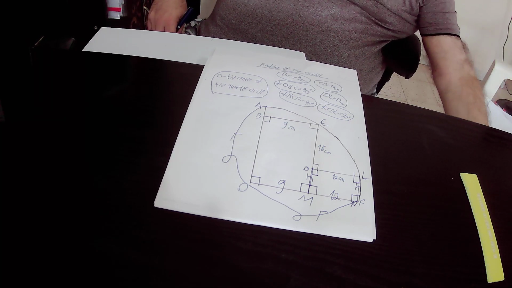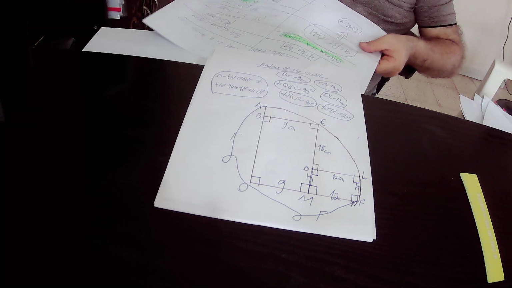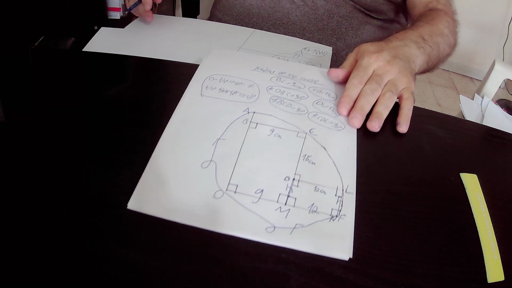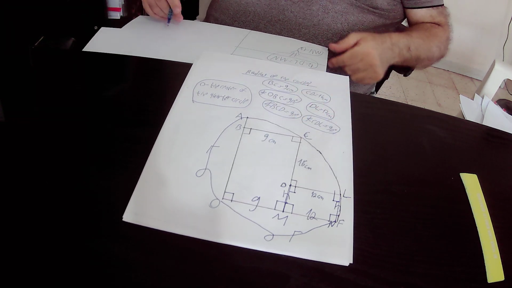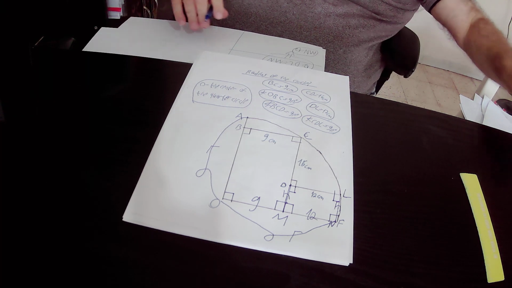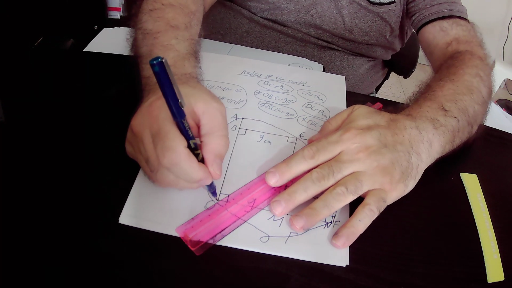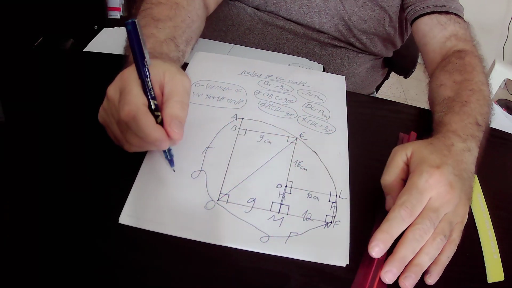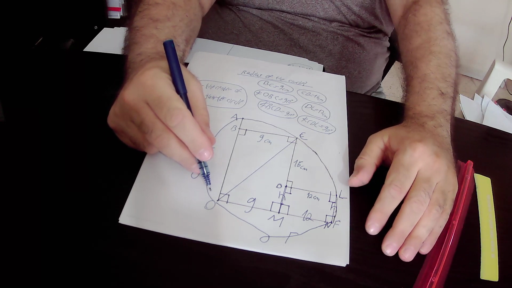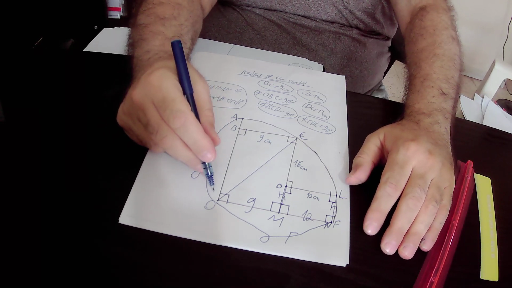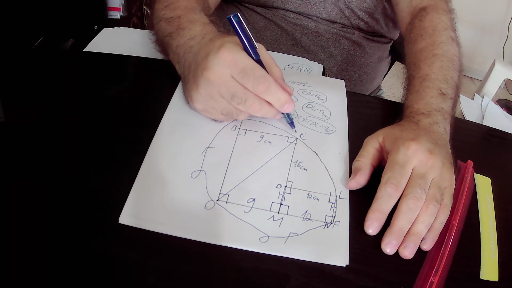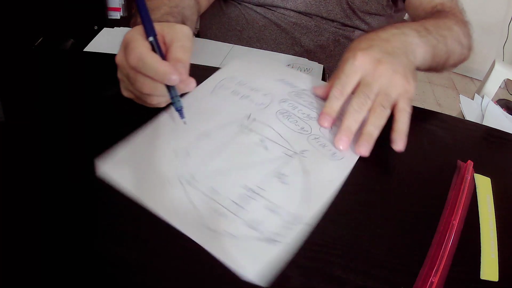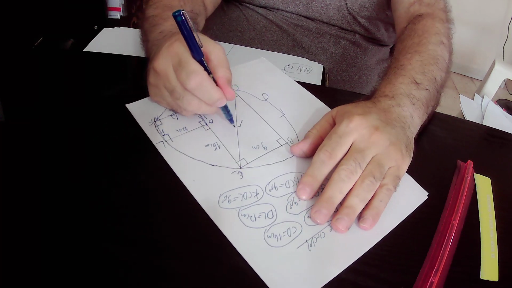So in the next step, we will join points O and C together by a straight line. Here point O is the center of the quarter circle. Point C is a point on the quarter circle itself, therefore OC is the radius of the quarter circle that is equal to R according to what is given in the question.